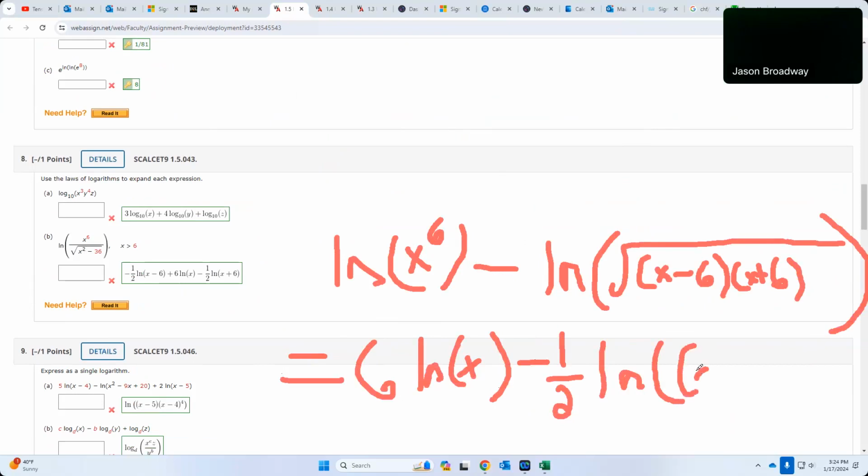You'll need another layer for the x minus 6, another layer for the x plus 6. We're doing the natural log of this whole product here. Notice the square root's gone because I took it out as a half right here. So that equals 6 natural log x.